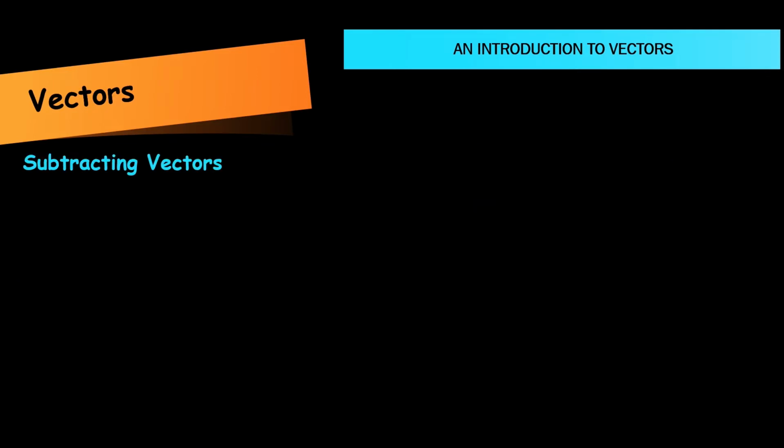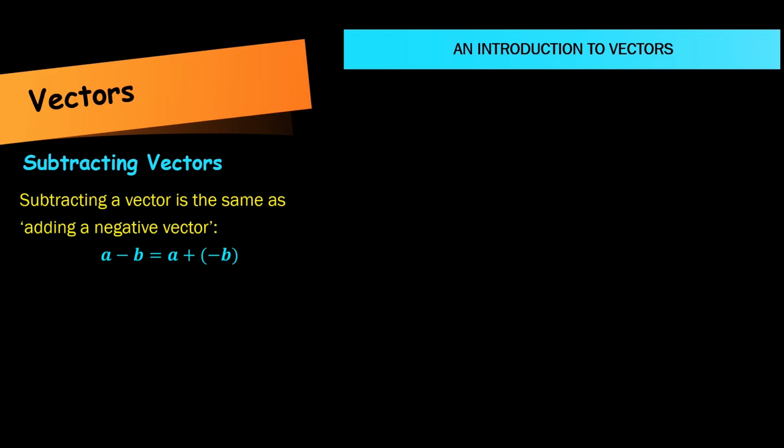How do we subtract vectors? Subtracting a vector is the same as adding a negative vector. So A minus B equals A plus minus B. So if we have vectors A and B as shown, then A plus minus B looks something like the diagram shown towards the bottom of your screen, with B simply going in the opposite direction.